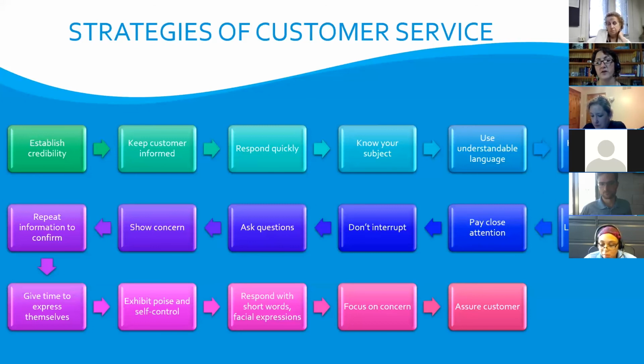So it's perfectly okay not to have information, to not know, but if your customer assumes that you know, you're going to at least want to be able to identify where to get the information. Perfectly okay to say, I don't know, but I will find out for you. And that's much better than being caught in a lie or making something up that simply isn't true. So know your subject as much as you can.